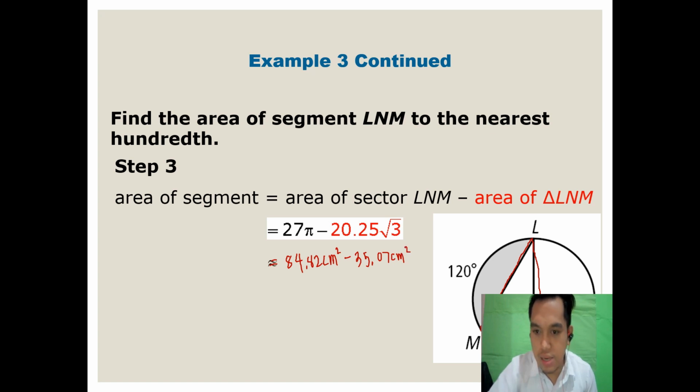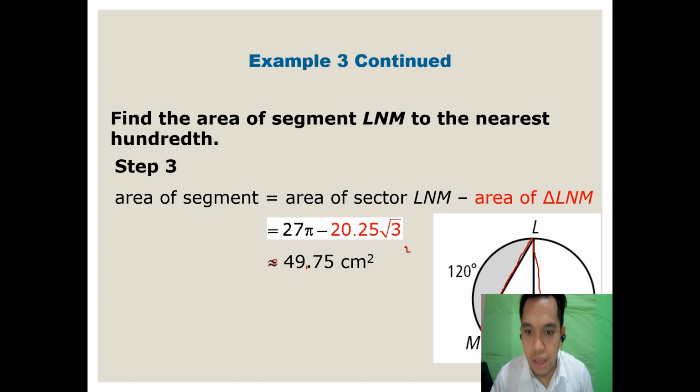And the final answer is 49.75. Okay, so yan ay magiging 49.75 cm squared. Alright, so that is the final answer. That is the area of the segment. So kapag i-simplify natin, class, itong 27 pi, kagaya ng sinabi ko kanina, 27 pi is 84.82.